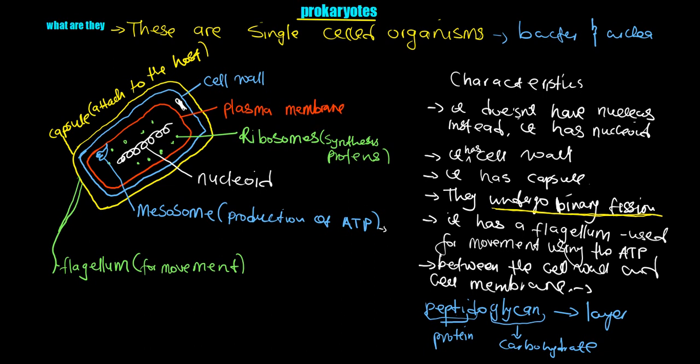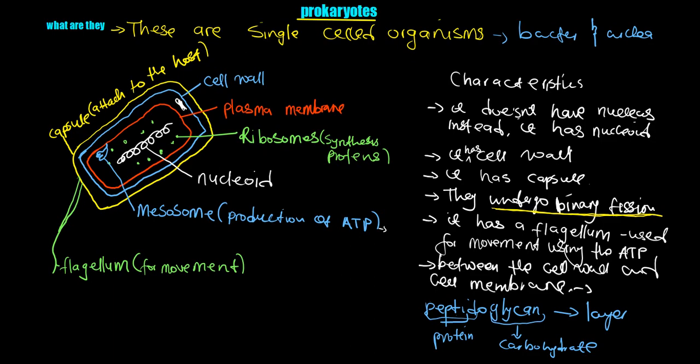It will be there to determine the type of bacteria, to enable us to check what bacteria we are dealing with in, let's say, an infection. The presence of that will even enable the treatment itself. So it is only found in bacteria, not in archaea. Their cell walls are made up of this layer.